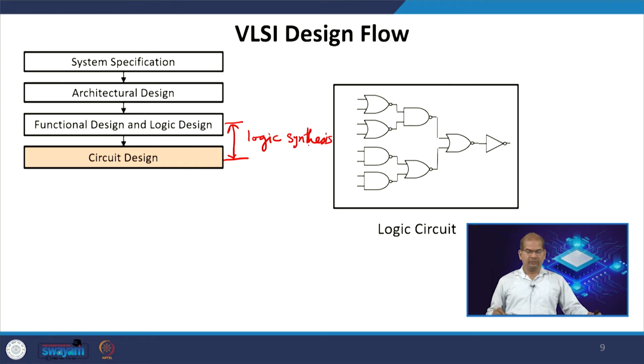Okay. So, now we have a gate level netlist. The gate level netlist is specific to a technology node. Okay. So, let us say I have a 65 nanometer technology node, the gate level netlist will contain the transistors, the logic gates, implemented in a 65 nanometer technology node.